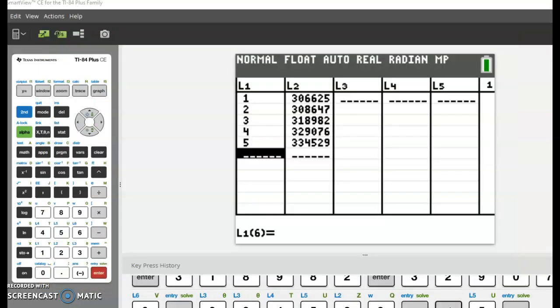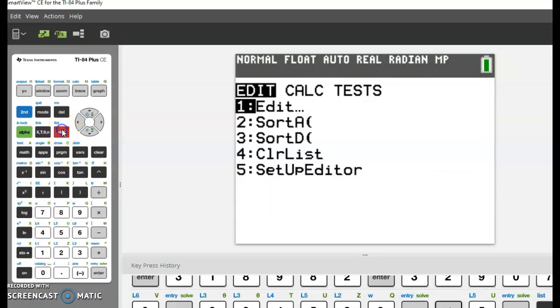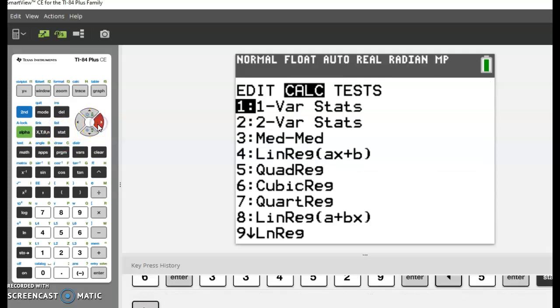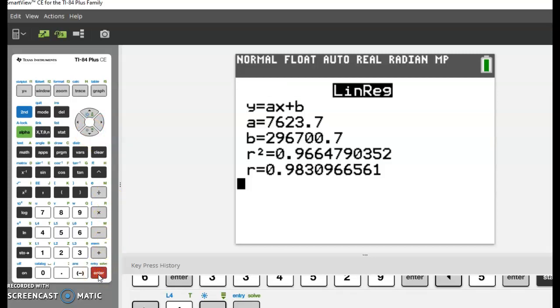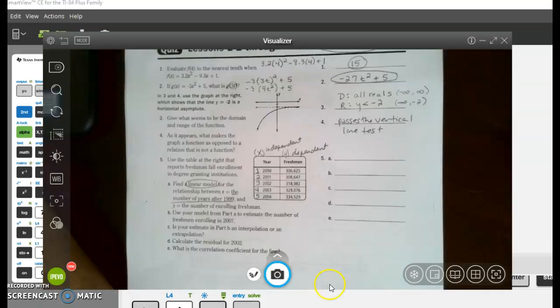Alright, so I entered the data into the calculator, and now I'm going to go to Stat, and Calc, choose Linear Regression. I check and make sure this is list 1, list 2, and I calculate. I don't have to take it to 3 decimal places here, because it doesn't go out that far. And I'm going to write my answer down now.